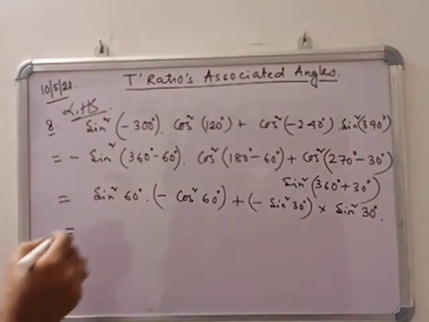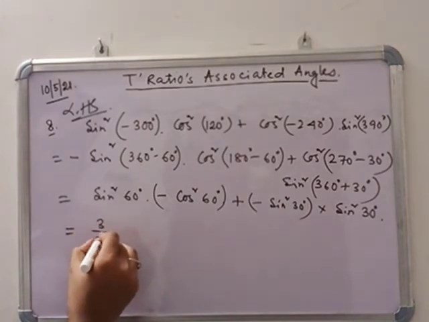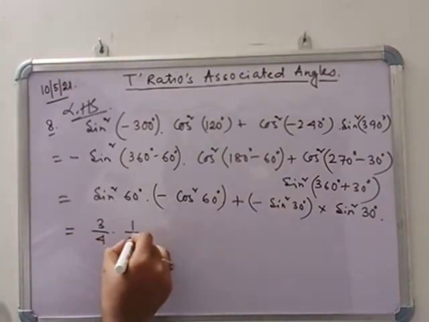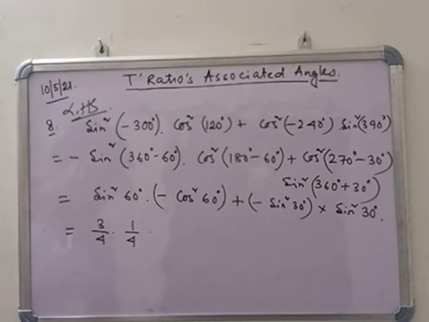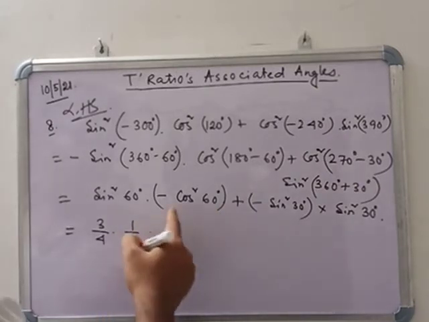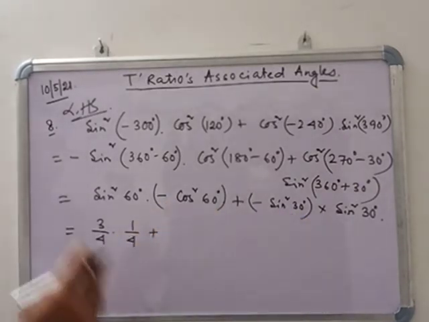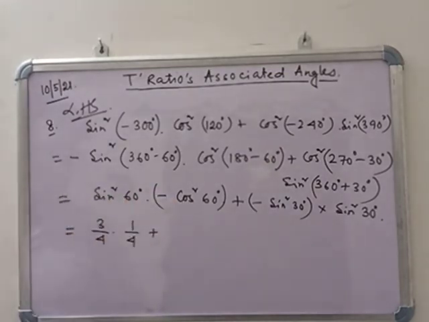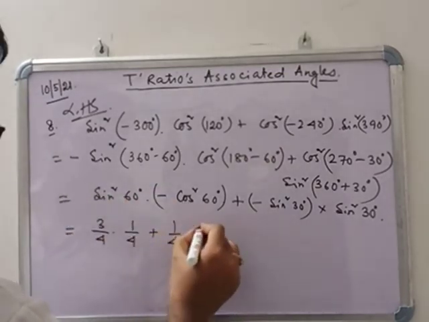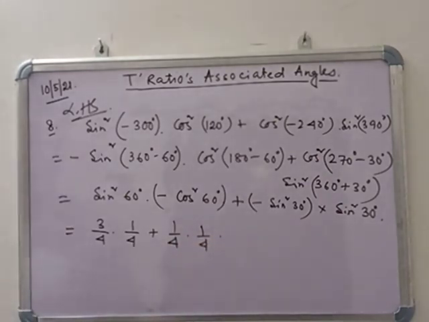So now calculate it. So 3 by 4 into 1 by 4 plus 1 by 4 into 1 by 4.